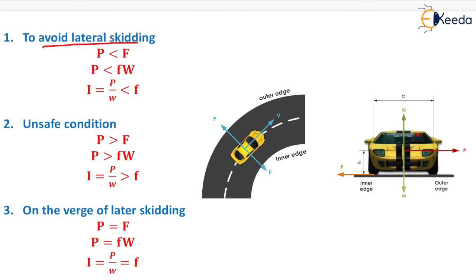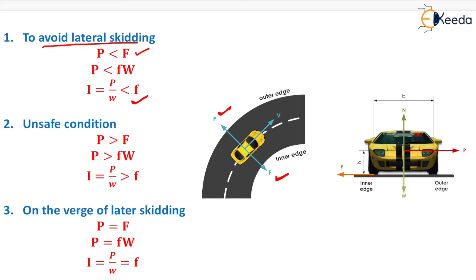It means that if F is greater than centrifugal force P, then lateral skidding will not take place. If P is less than F, then we put the value of capital F, which is equal to small f into W. So I equals P by W, which is less than small f, that is the coefficient of lateral friction.